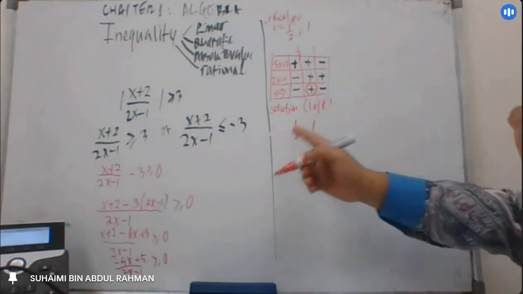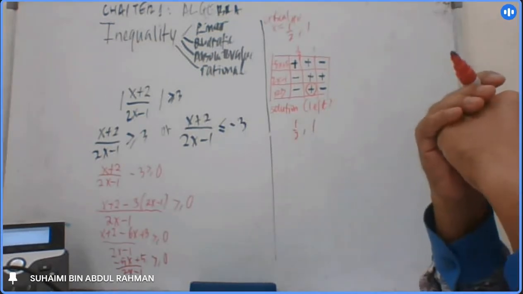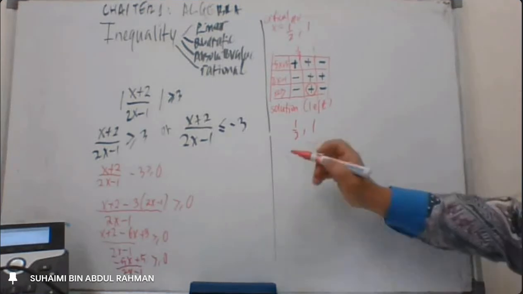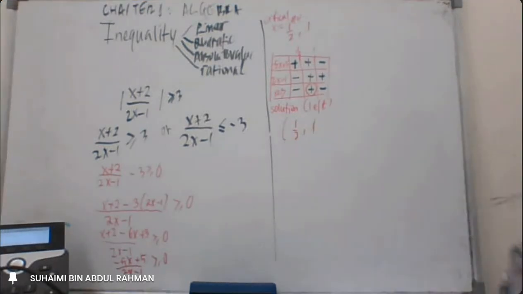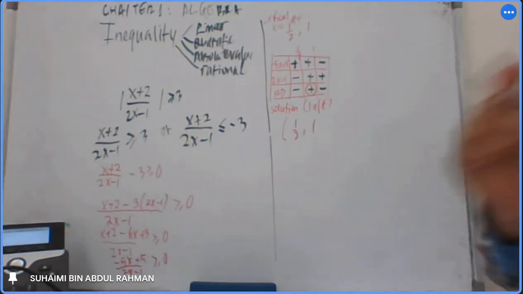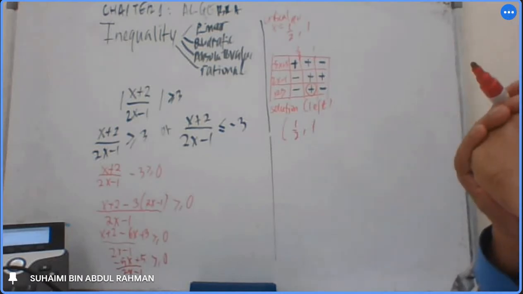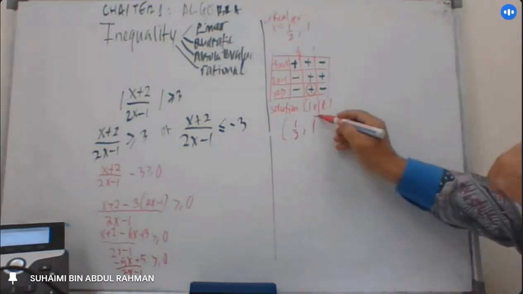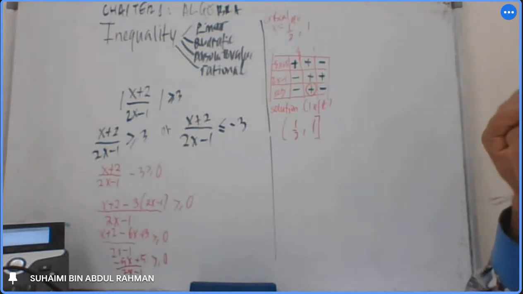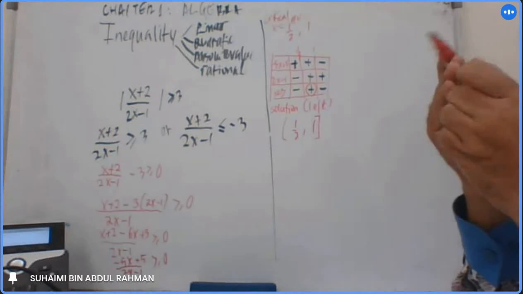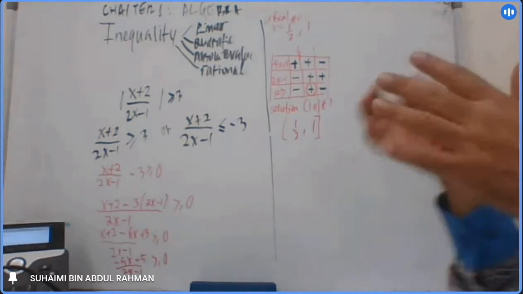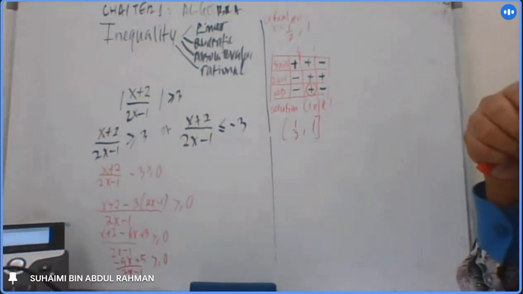Is that including 1 over 2? No, excluded. Is that including 1? Yes. That's from our left.